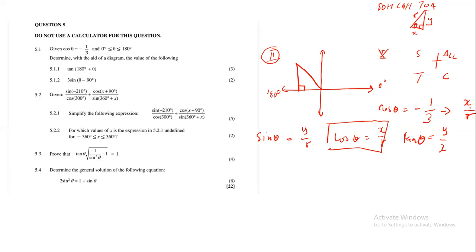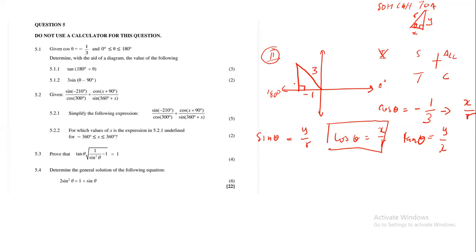That means our x is a negative number, because our x is in the second quadrant. So when we complete this diagram, our x from this position to that position will be -1, and our r, which is the hypotenuse, most definitely opposite to 90 degrees, will be +3.